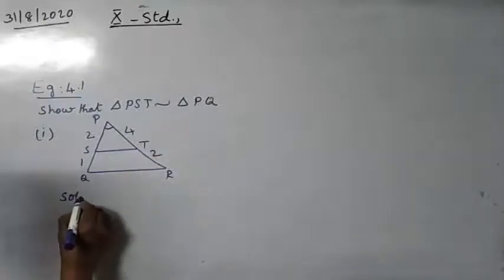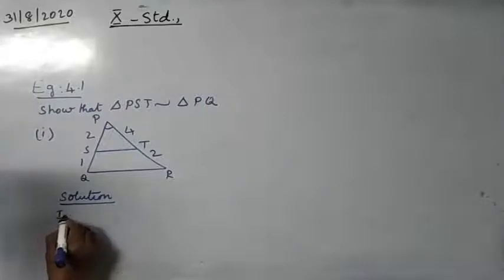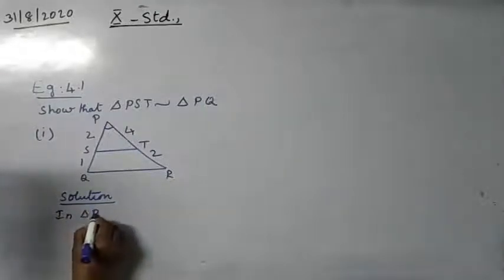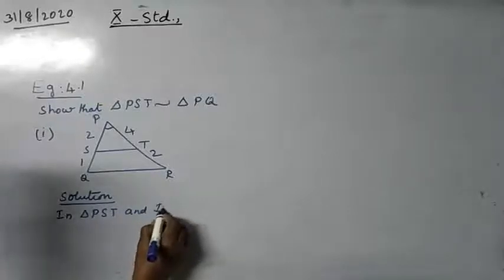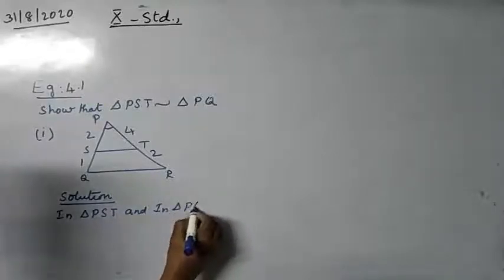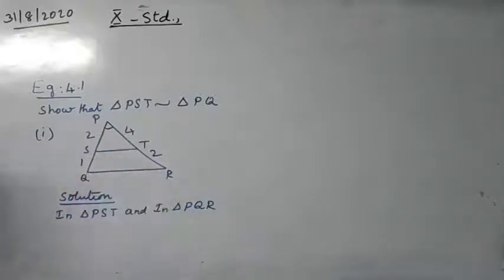Now how to solve this? First take two triangles, triangle PST and triangle PQR. Write down the corresponding sides and their proportionality.